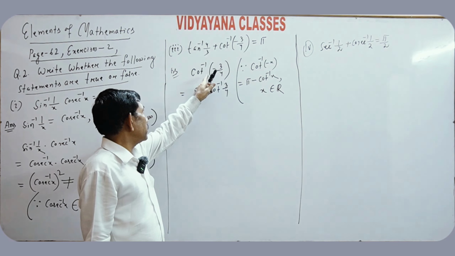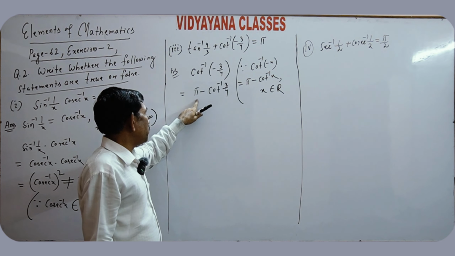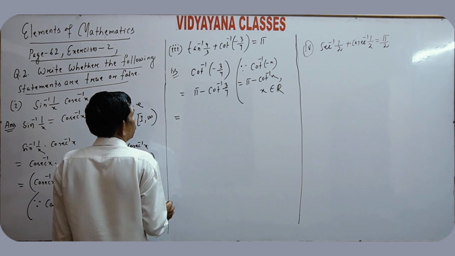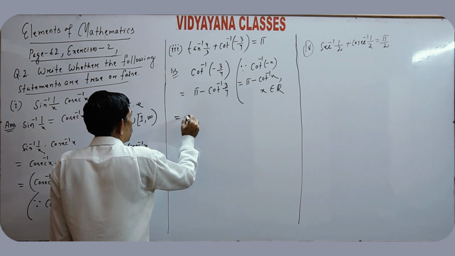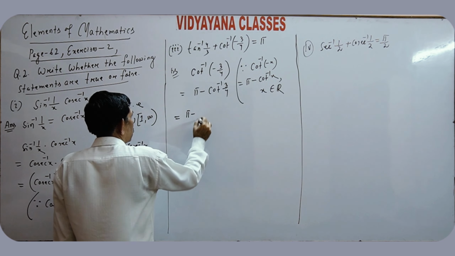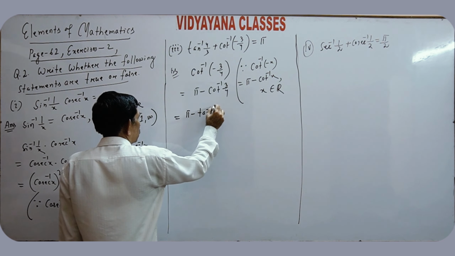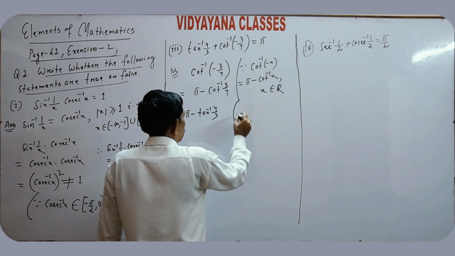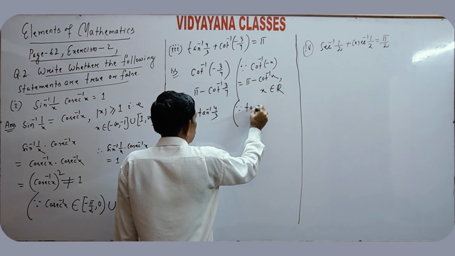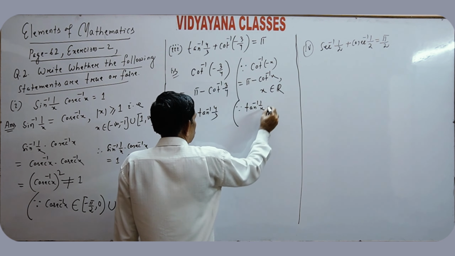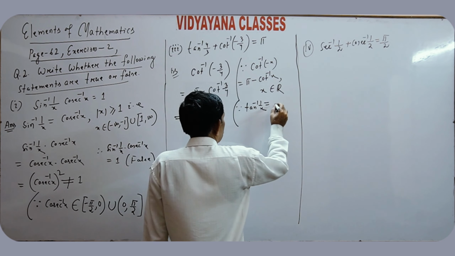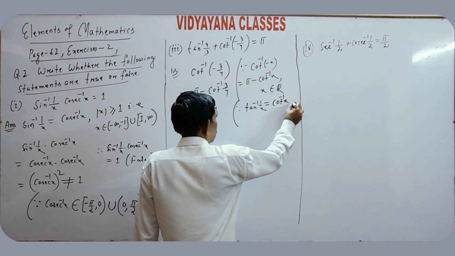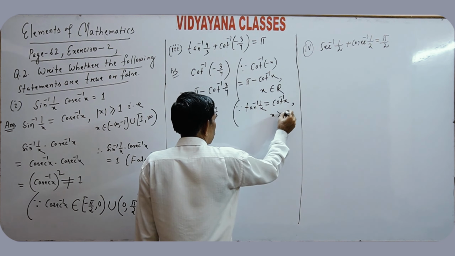So cot inverse minus 3 by 4 is equal to pi minus cot inverse 3 by 4, which is same as pi minus tan inverse 4 by 3. Since tan inverse 1 by x is equal to cot inverse x when x is greater than 0.